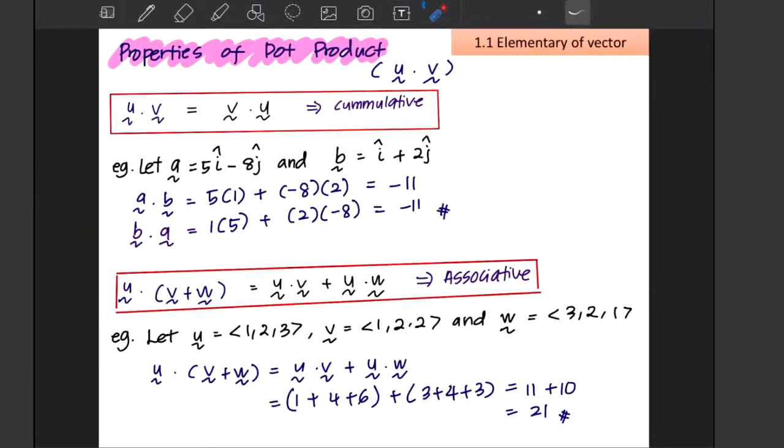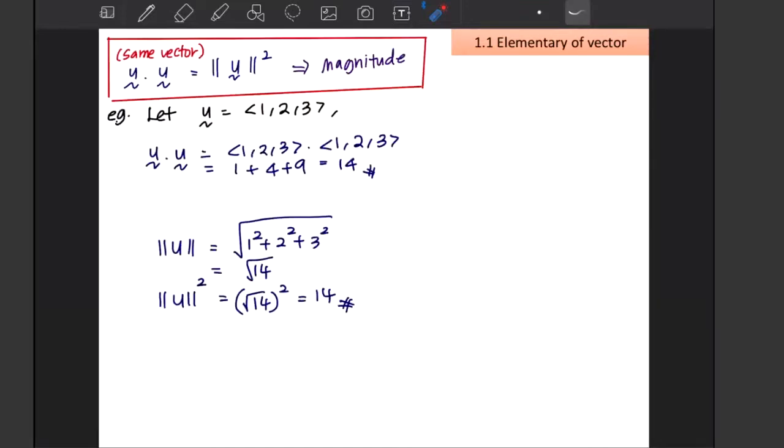You can look at the example. The third property: when you dot with the same vector, the answer is its magnitude squared. If we have v dot v, we get the magnitude of vector v squared.